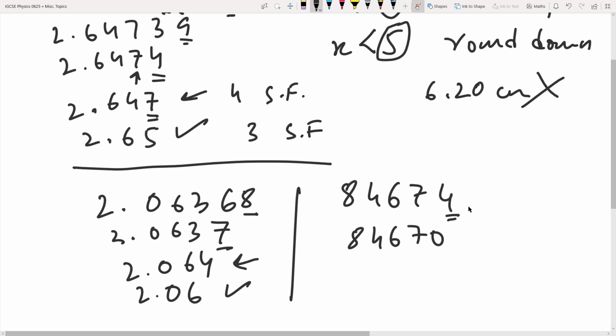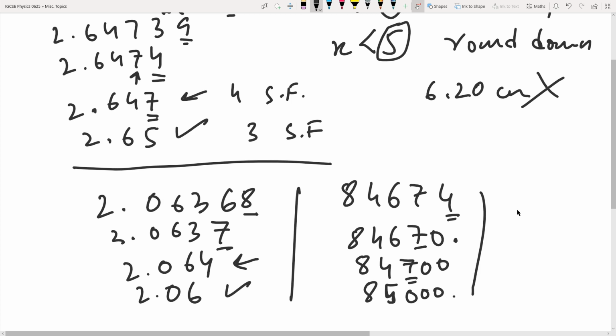Since there's no decimal over here, if I keep on rounding it off, I'm just going to go with 6, and this 7 is greater than 5, so it would be 8470, and then 8500, because this 7 is going to be rounded off, so it's going to be three zeros. So this is how you round off numbers in general.